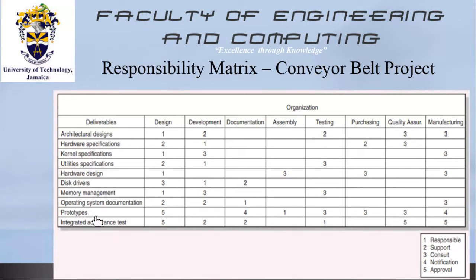In the development of the prototype, for them to do it, the design team must approve the prototype. The responsible team is the assembly team. They have to assemble a prototype, right? Now, of importance, they have to do some consultations with 3 groups. The testing team, they have to consult with purchasing, and they have to consult with quality assurance.